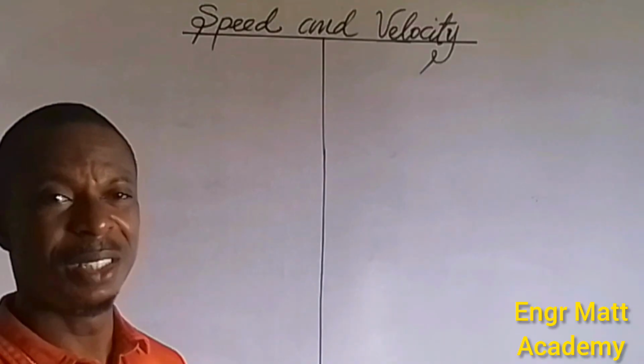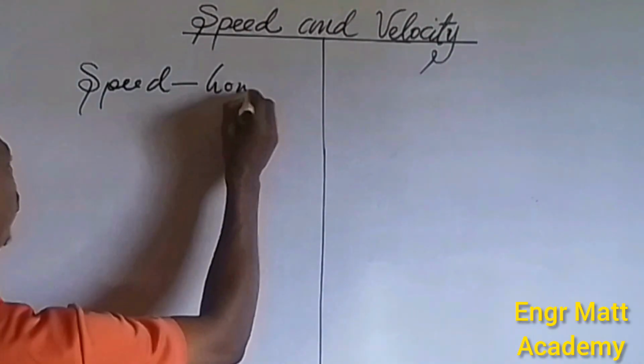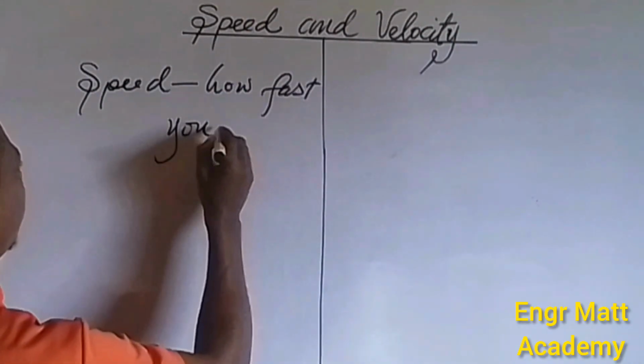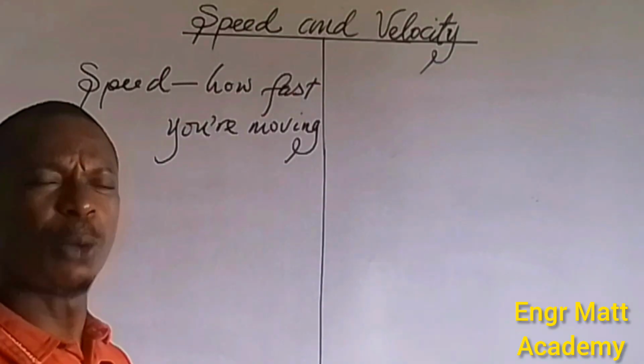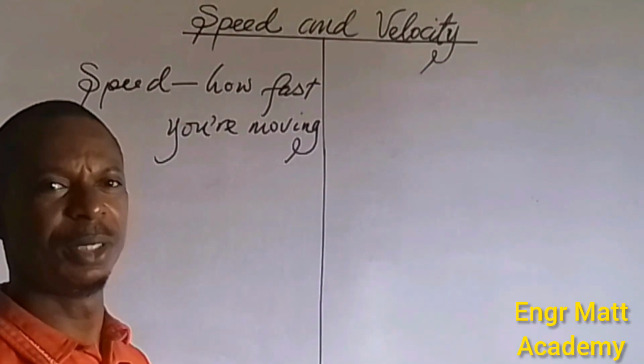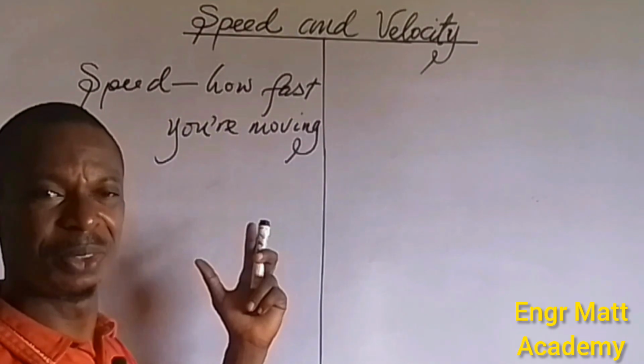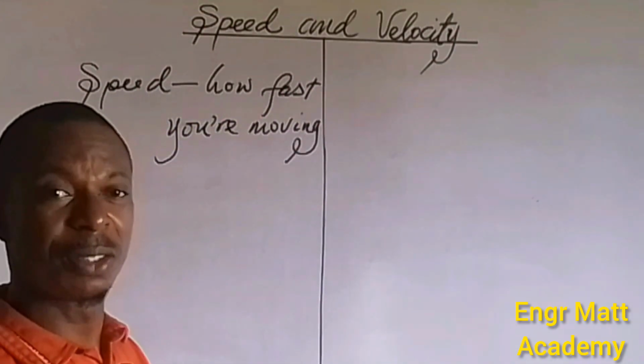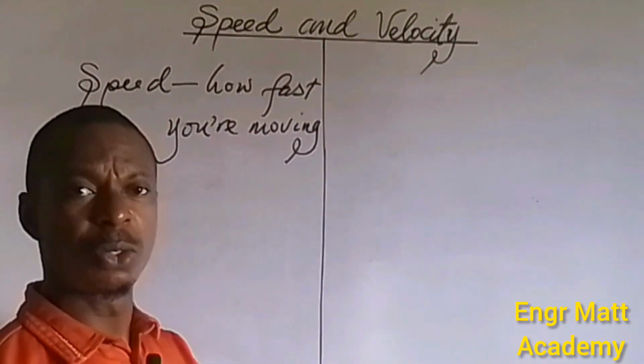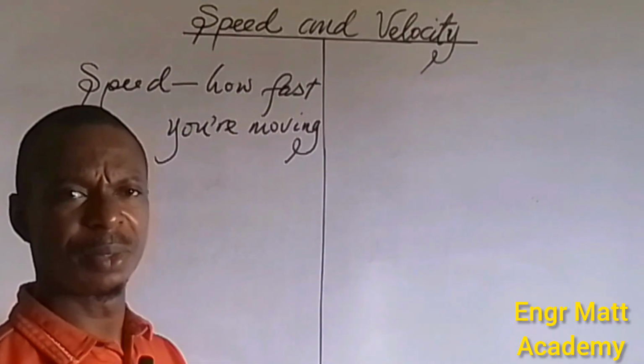So what is speed? Speed is how fast you are moving, or how fast something is moving. This means that speed only asks one question: how fast is something moving? So let's consider these scenarios.